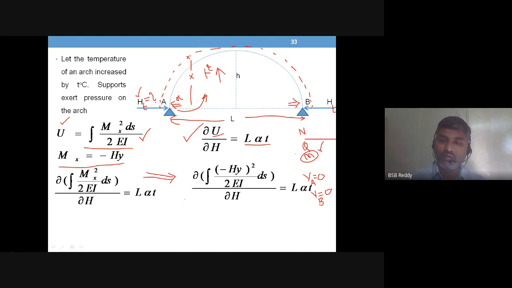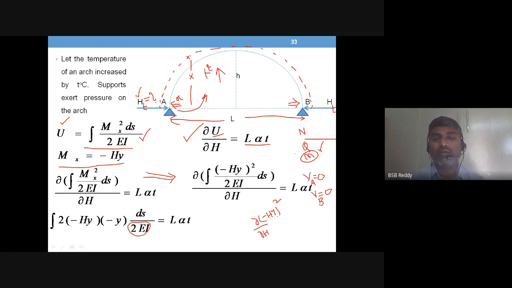Right. So now what? Sending the differentiation inside the integration. 1 by 2EI is a constant term, let it be there. So dou by dou H of minus H y whole square, you have to look at it like this. What is it? 2 times minus H into y.